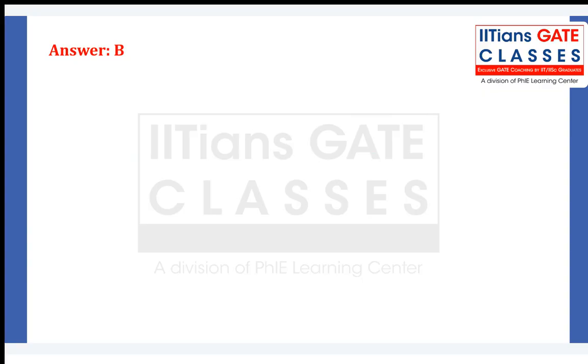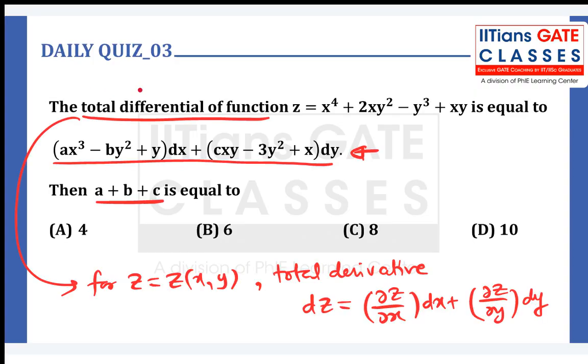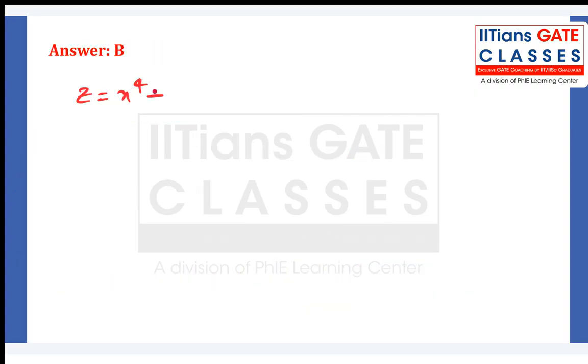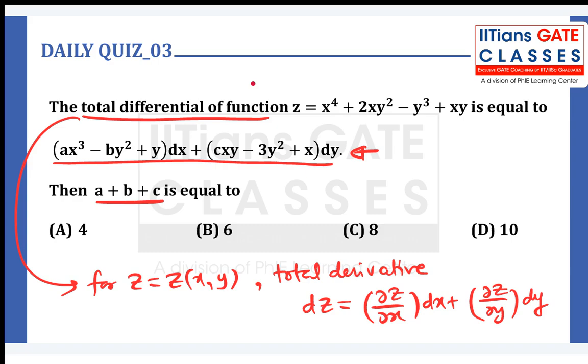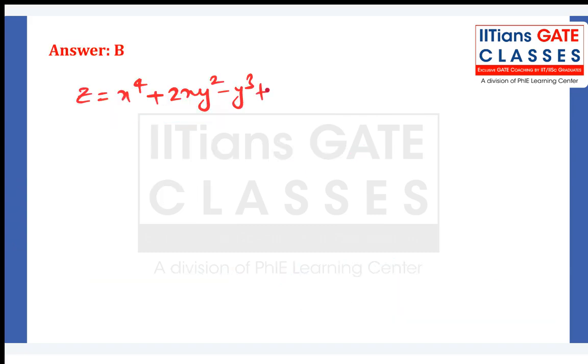So z is given as x power 4 plus 2xy square minus y cube plus xy. Now what is del z by del x?